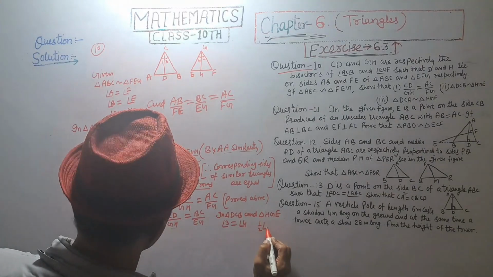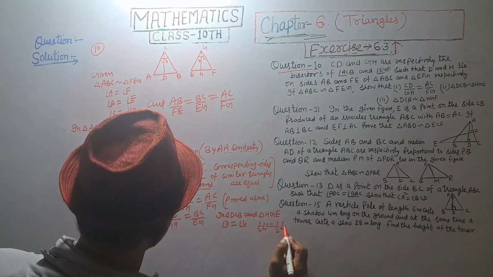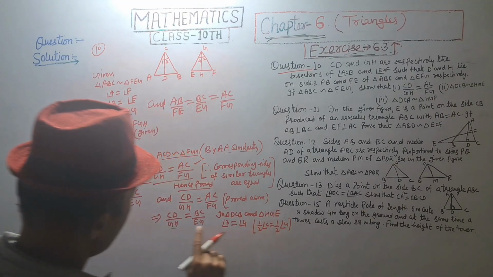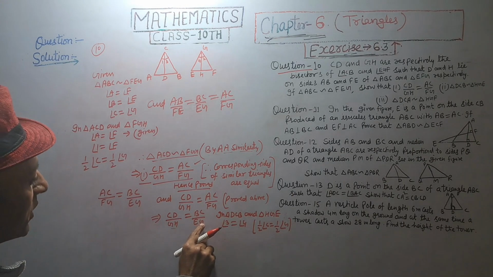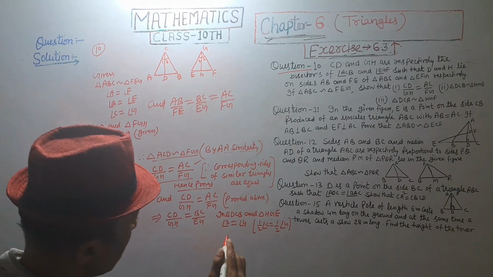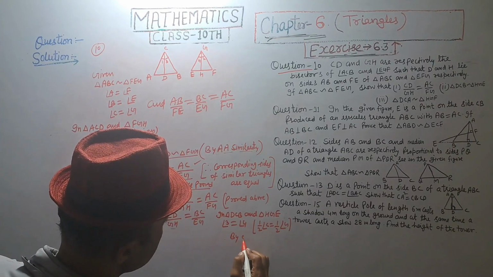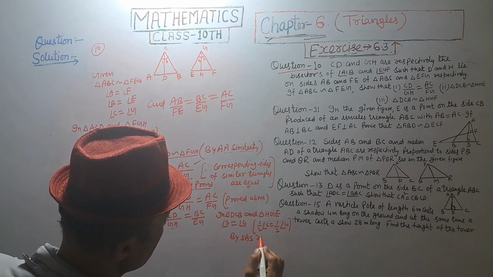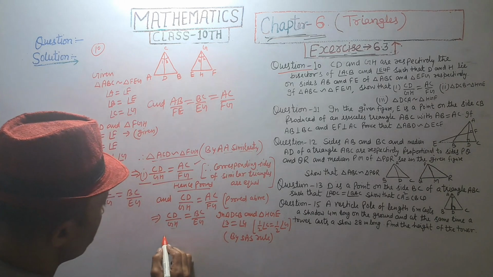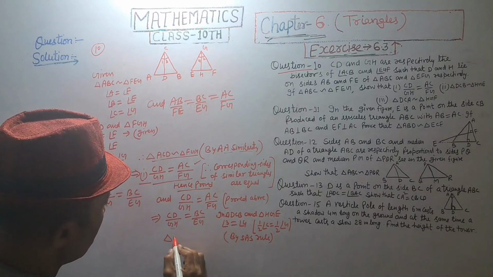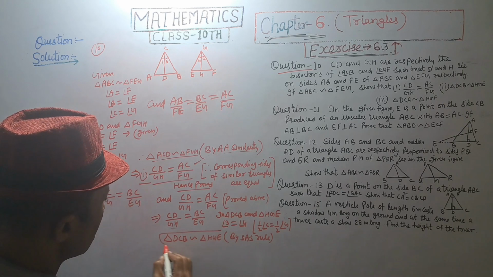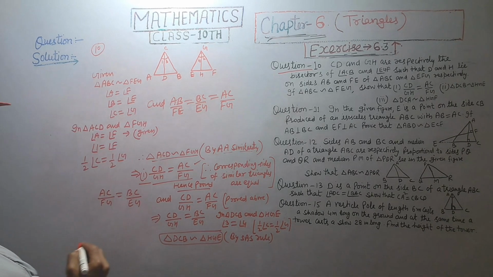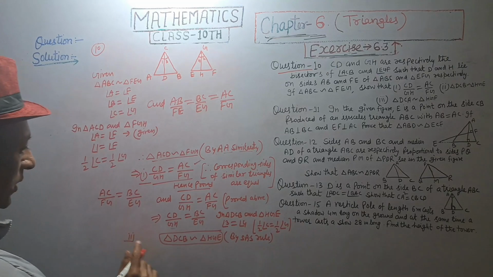That is, half of angle C is equal to half of angle G, and CD upon GH equal to BC upon EG. Sides are equal, so by SAS rule we get triangle DCB is similar to triangle HGE. Second part holds.